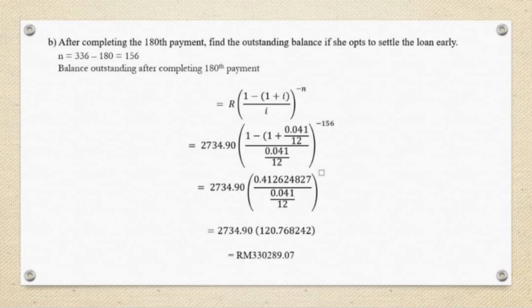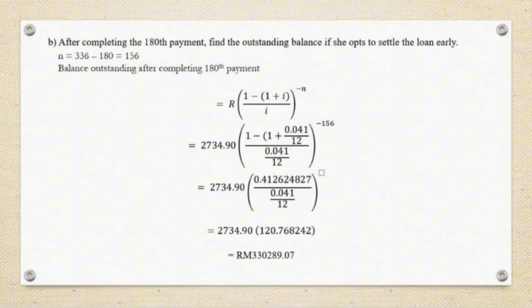Other values will remain the same, and now we can calculate the outstanding balance using the same formula. Since we have calculated the amount of R in the previous question, we can just plug the value into the formula. R times 1 minus 1 plus I over I to the power of negative n, 2,734.90 times 1 minus 1 plus 0.041 over 12 over 0.041 over 12 to the power of negative 156.